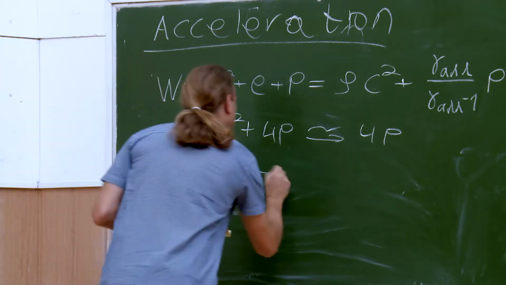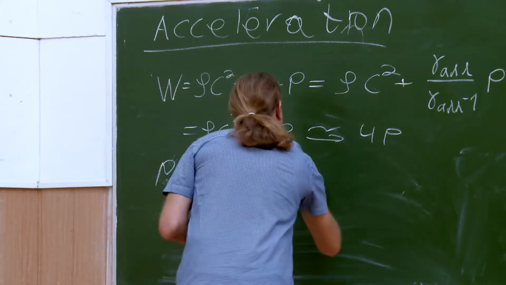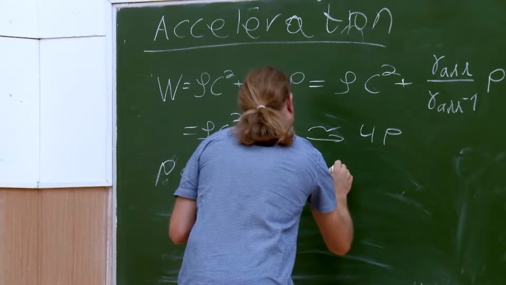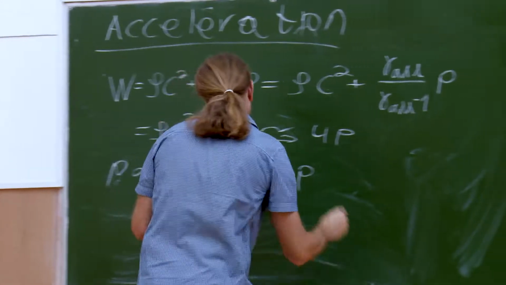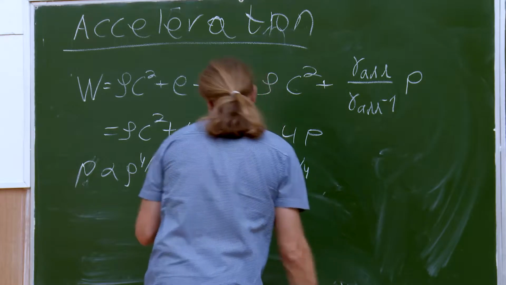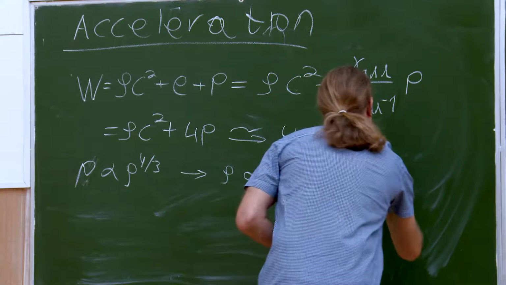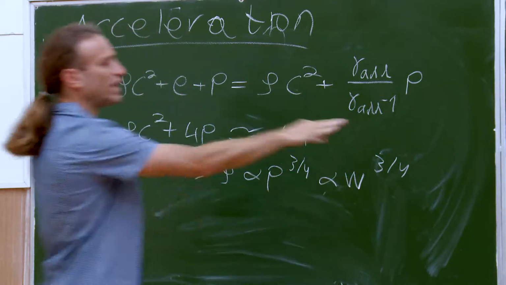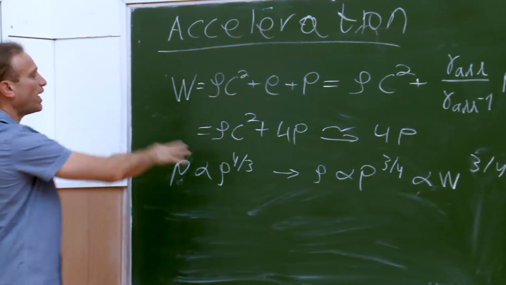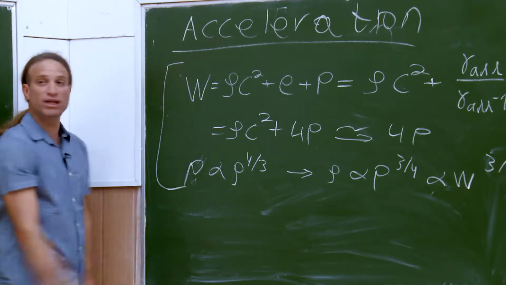So this means that rho is proportional to P to the power of 3/4. Okay, and this is proportional to W to the power of 3/4. Okay, so let's take the Bernoulli equation and write it using these assumptions.